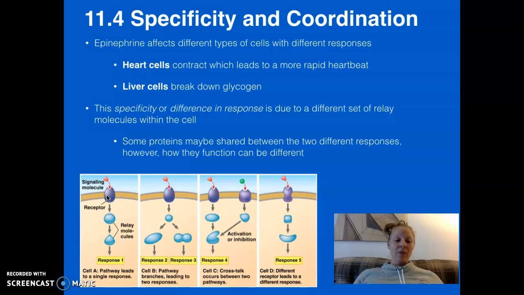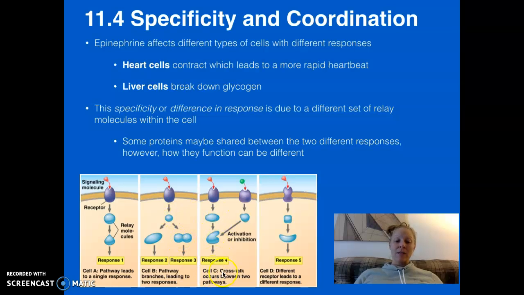Here we have our first example, cell A, and we have our signaling molecule, our relay protein, and our response. So this is our basic outline. Cell B is going to show us a way that coordination can happen. We can have our relay molecule act on different enzymes or different relay proteins, which are going to elicit multiple steps or responses.